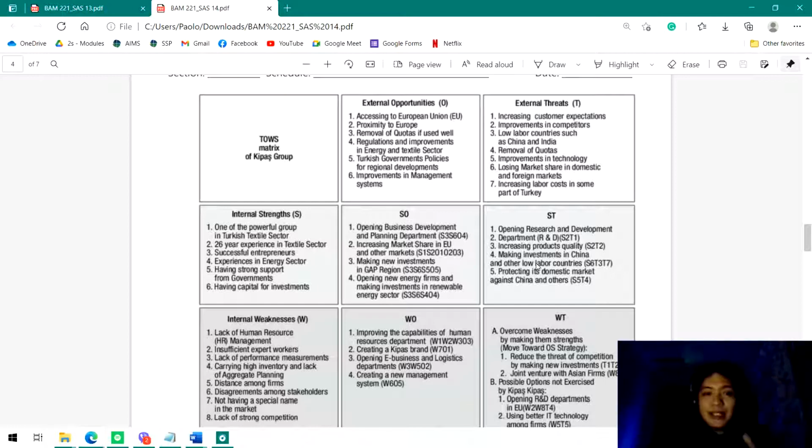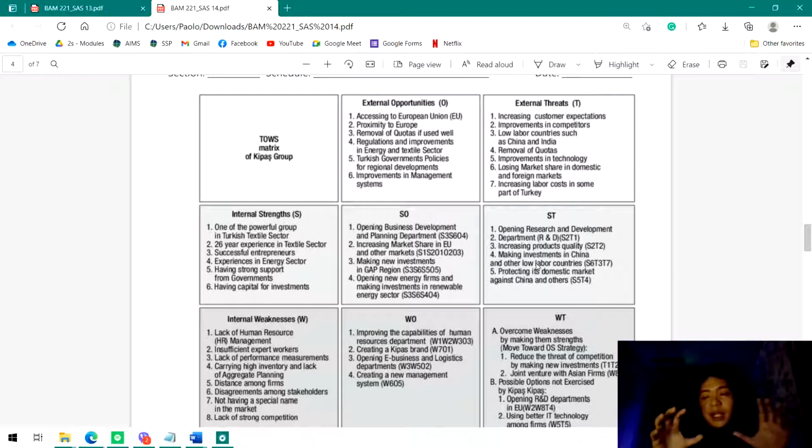So, by identifying the weakness na alam natin na insufficient expert workers, lack of performance measurements, and lack of human resource management, tapos merong opportunity na, okay, wala na palang kailangan na quota sa ating operations. Ngayon, tataas ang moral ng ating human resource, tataas ang kanilang quality of performance. Kaya ngayon, we can improve the capabilities of the human resource department. Wala na kasing hindrance. Wala na naglilimit sa kanila.